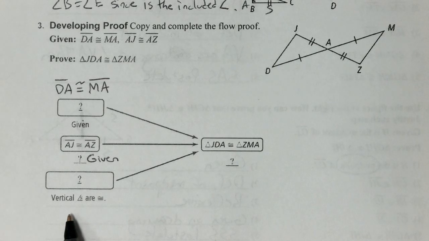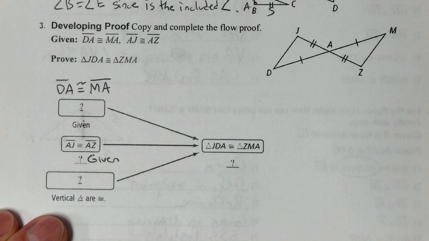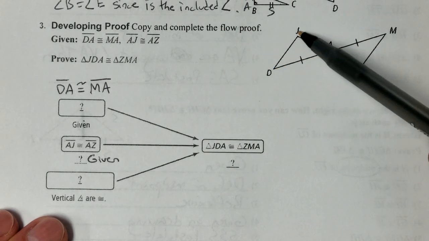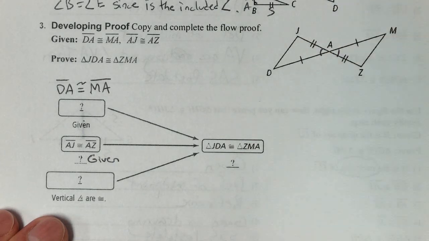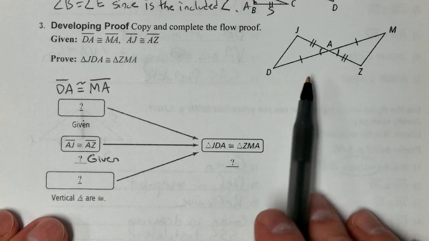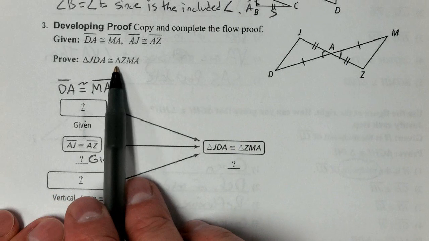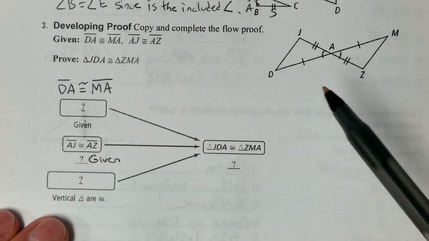The next part shows you the reason vertical angles are equal. So if it's a vertical angle, it can't be D or J. The vertical angle has to be the middle one, like right there. And so here I'm going to use the order of the letters the same as the proof statement. It says JDA.